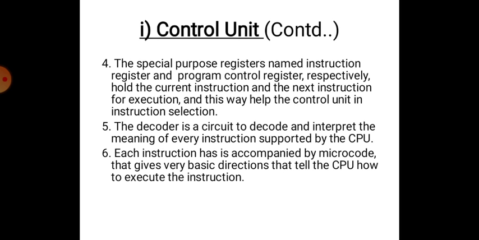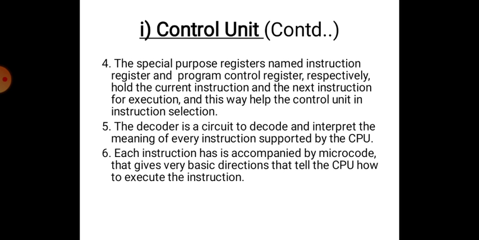Point number 5. The decoder is a circuit to decode and interpret the meaning of every instruction supported by the CPU. So students, decoder is a circuit that will interpret as well as decode the meaning of every instruction. Point number 6.